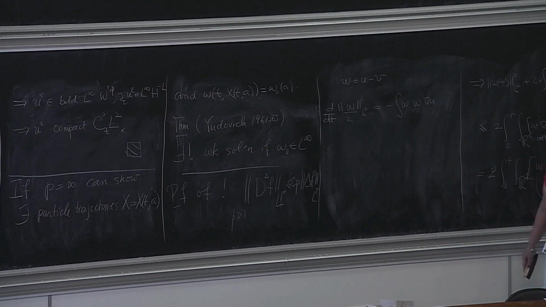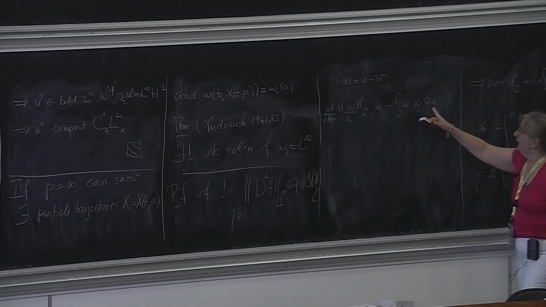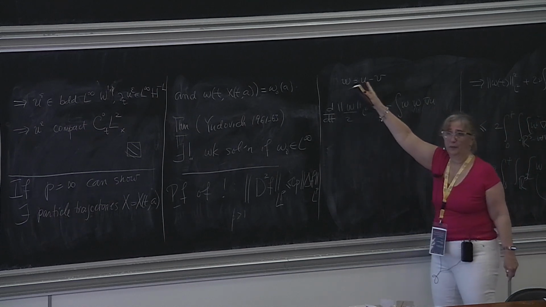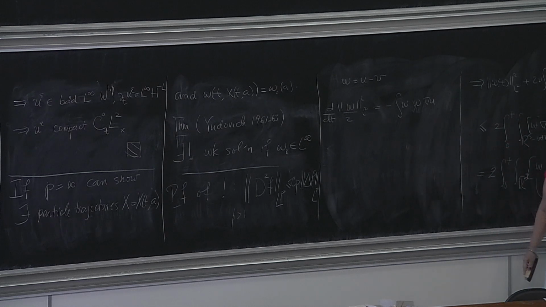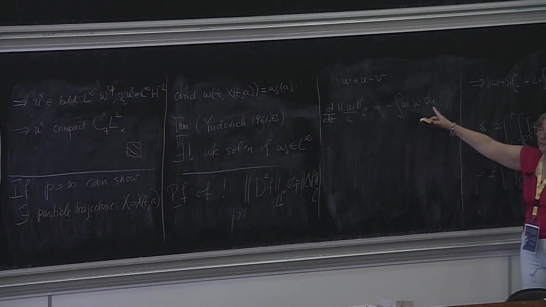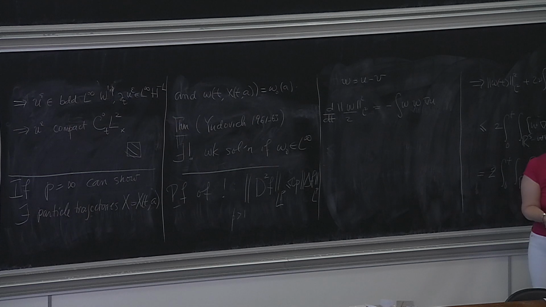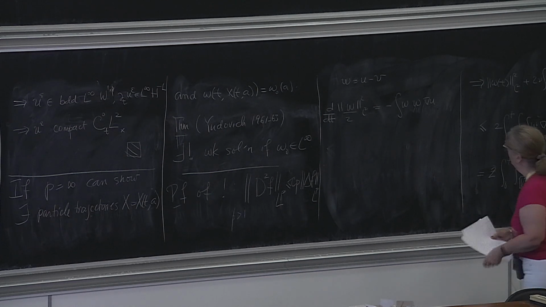The idea is to take the gradient of one of these solutions, doesn't matter which one. This is going to be L infinity. This is not going to be L infinity. The vorticity is L infinity. The Calderon-Zygmund inequality doesn't work very well in L infinity, but I will estimate this in L^p, for any p. And so we finish up with this.